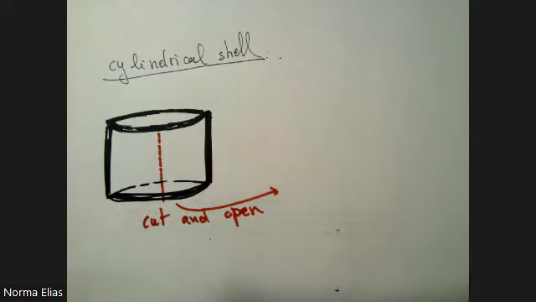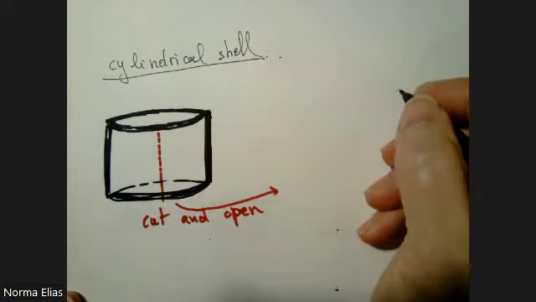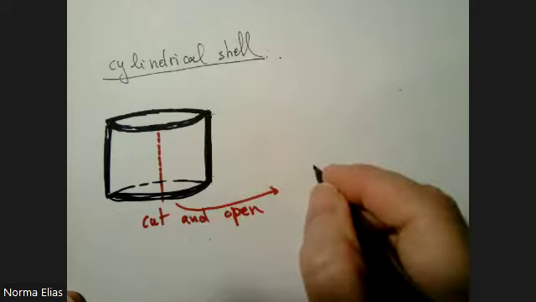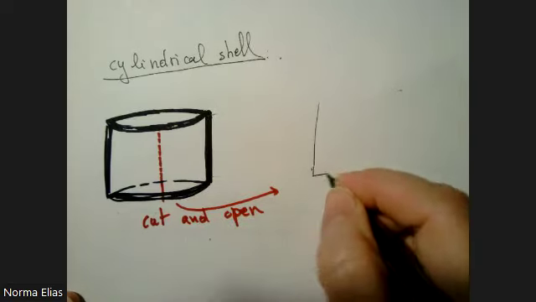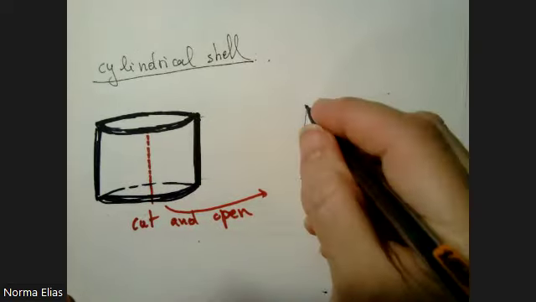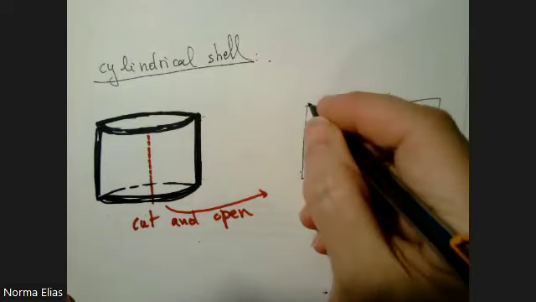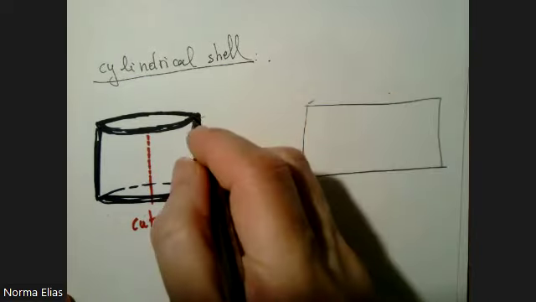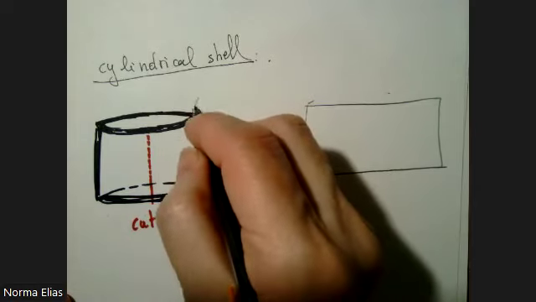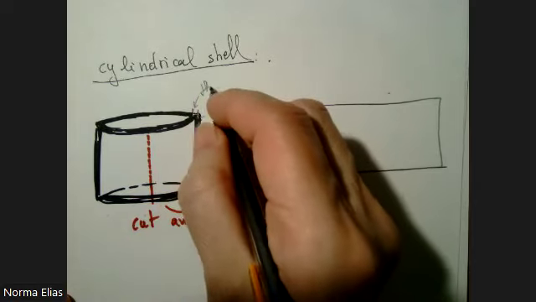Yeah, you're actually going to get a rectangle, but not quite a rectangle, with a certain thickness attached to it. So let us open this. We're going to get something like that. So this is the height. And because the can has a certain thickness from here to here, we're going to call this the thickness.